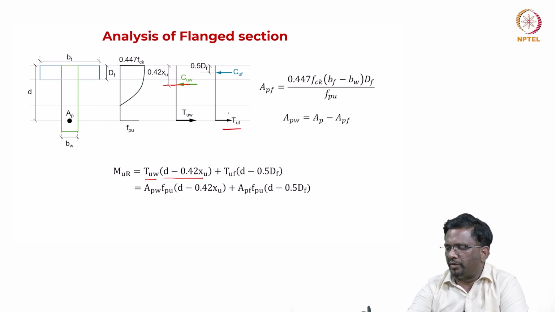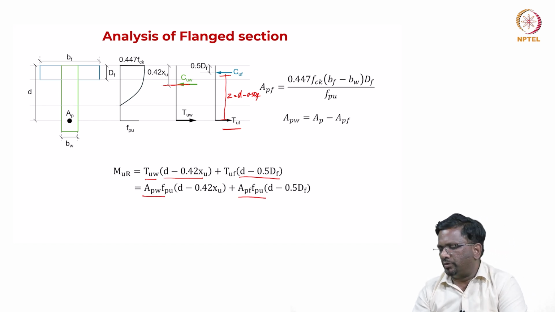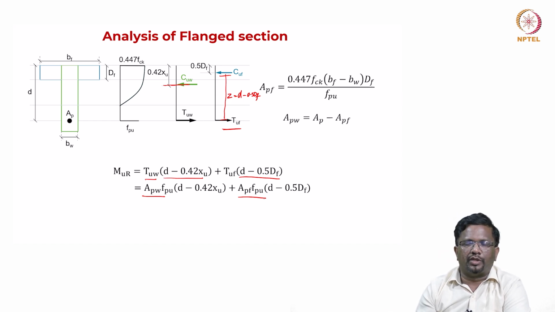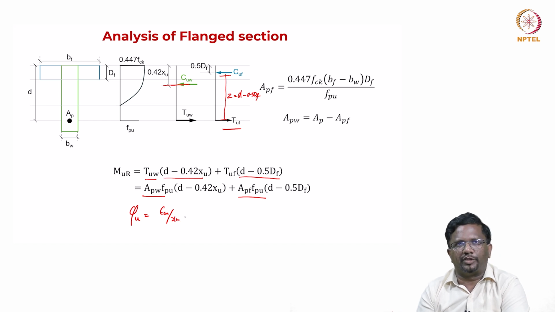For the second one, the lever arm is this, which is nothing but d minus 0.5 df. Okay, that's what we have. So these are the forces, and this moment resistance will always be additive, and when you do that, you get your moment resistance. Now, the curvature is very simple, epsilon cu divided by xu. So that always remains. Curvature is nothing but the rotation of the section, so that we can get it.